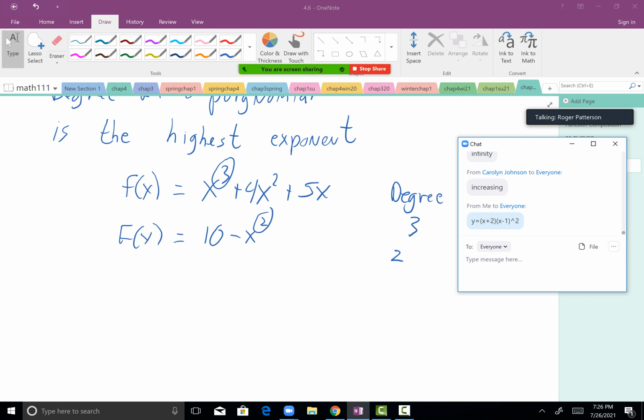How many x-intercepts? 2. All right. What are they? What are the x-intercepts? Negative 2 and 1. Okay. Can you tell that by looking at the equation I gave you?